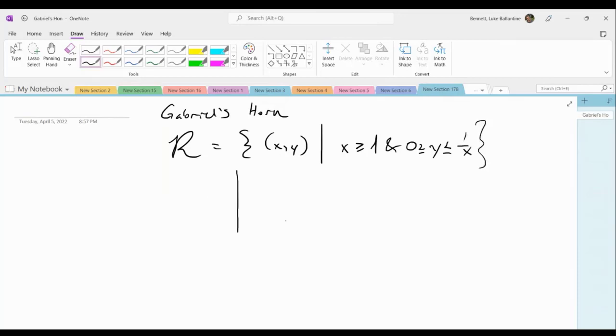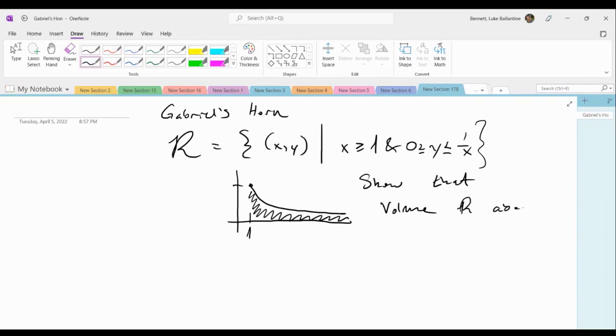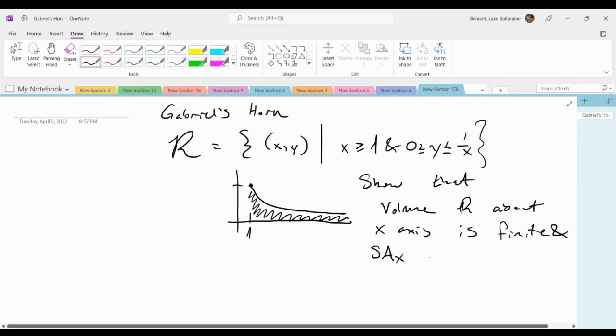So R looks like this region. What we want to show is that the volume of R rotated about the x-axis is finite, and the surface area about the x-axis is infinite.